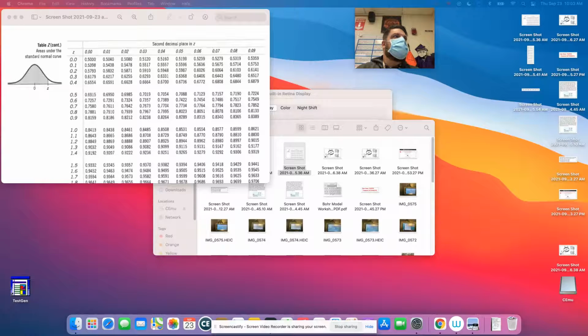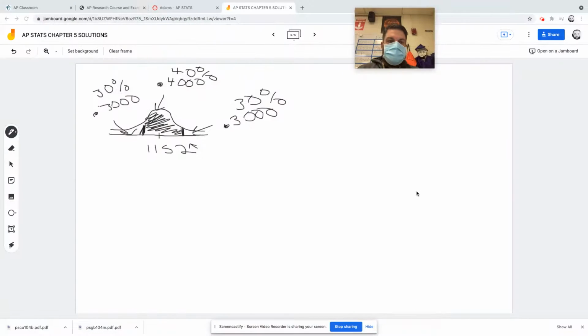And then if you were to do it on the calculator, it's actually 0.524. So this z-score right here is negative 0.524.